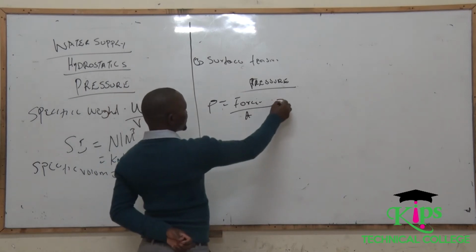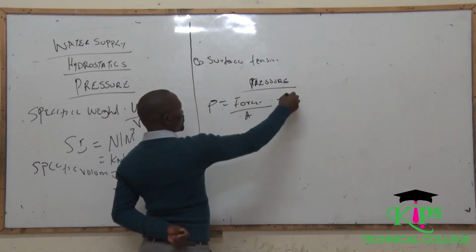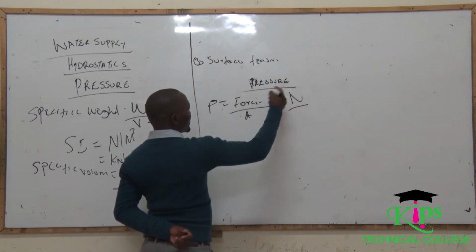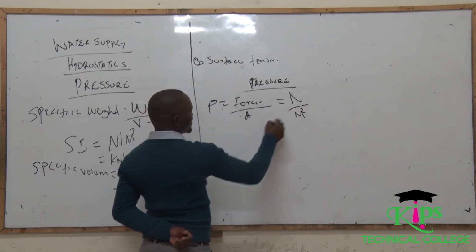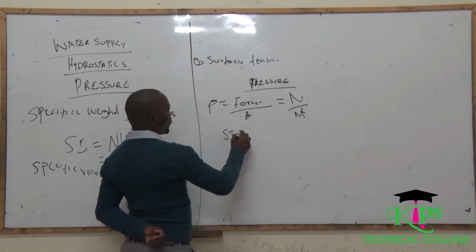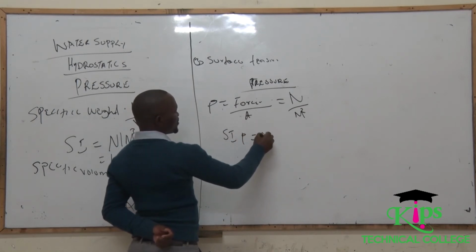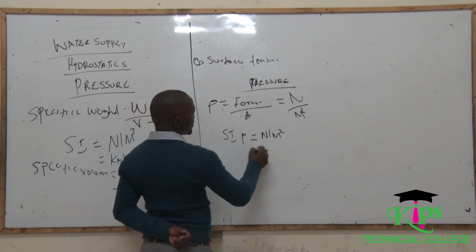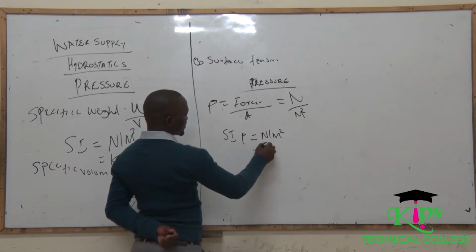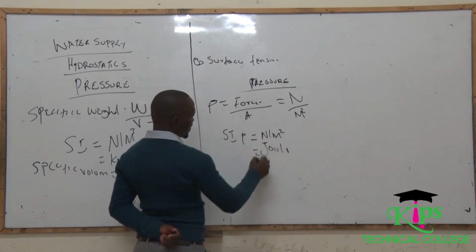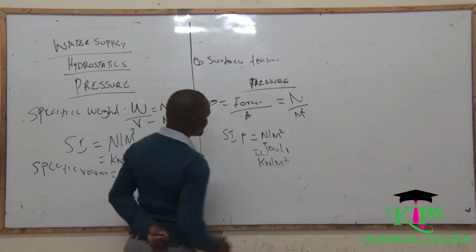Because the force is a weight, it is measured in Newtons, and area is measured in meters squared. Therefore, the SI unit of pressure is Newton per meter squared. We can also have kilonewton per meter squared.